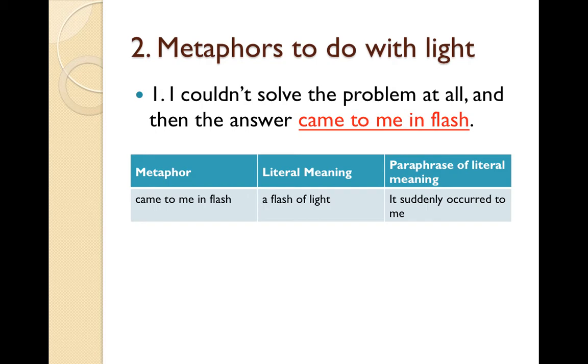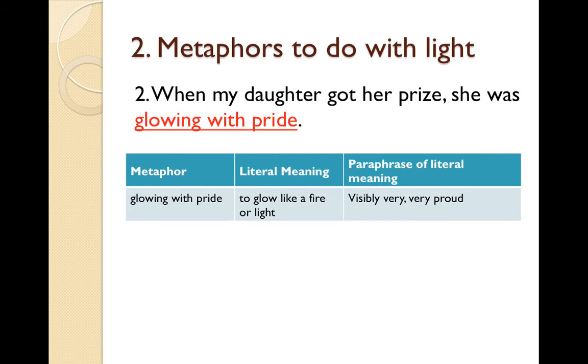In a flash here, the literal meaning is a flash of light, right? Flashlight, you know what a flashlight is. And the paraphrase or the meaning of this metaphor is it suddenly occurred to me, right? So it came to me in a flash. And the second example: when my daughter got her prize, she was glowing with pride.